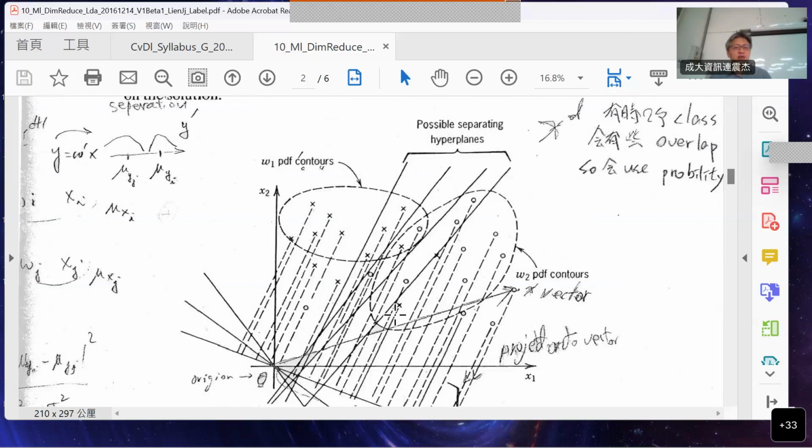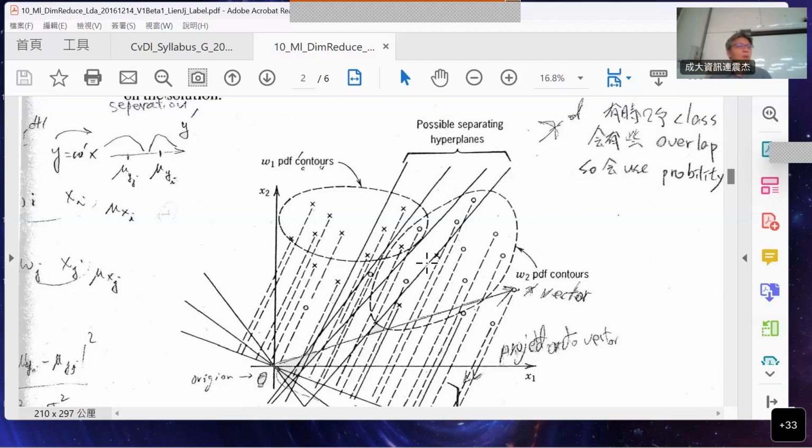If it's 2D or 3D, in this example is 2D, x1, x2, 3D is x1, x2, x3. Usually more than 3D, we call this is not a line, it's a plane. 3D is a plane. 2D is a line.